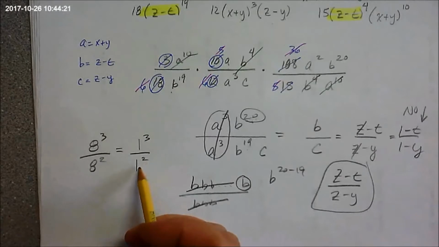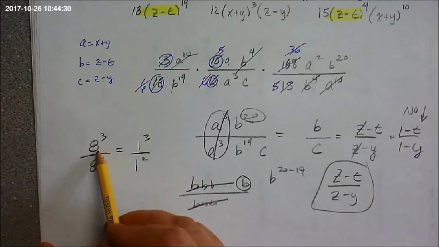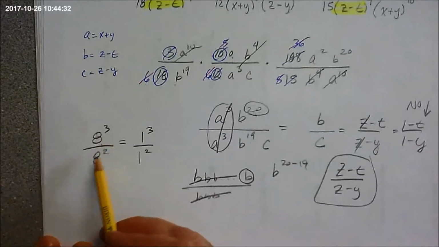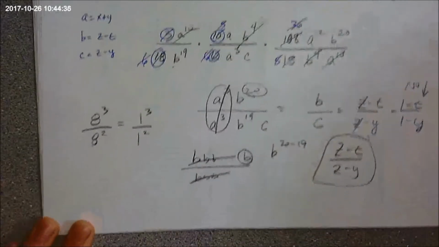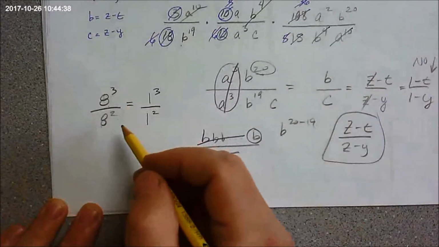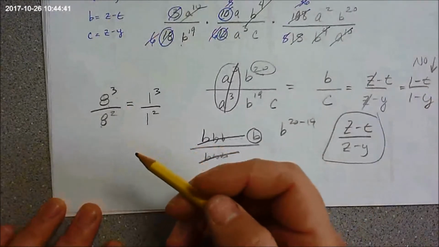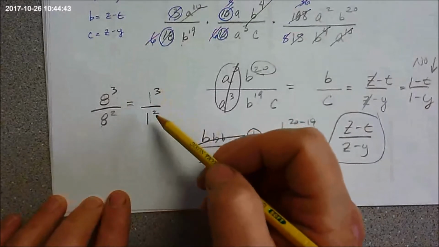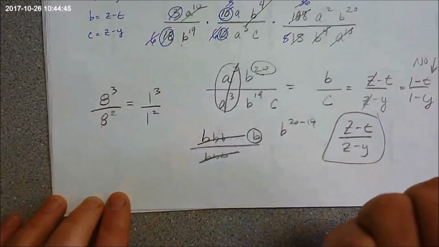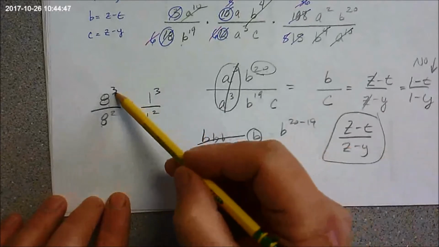No, it's going to be 8, because you have to subtract the exponent. This is 8 cubed, which is 8 times 8 times 8, and that's 8 squared, which is 8 times 8. If you did it the other way, you would have violated the order of operations. Reducing is division, and that comes after exponents.